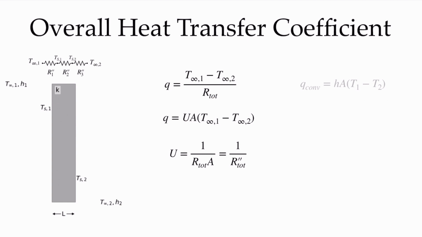So we can collapse our whole resistance network into a single overall heat transfer coefficient U and use it exactly as we use Newton's law of cooling in any of our calculations. Because now, instead of a resistance where we're dividing, this is the inverse of the resistance. It multiplies. U is sometimes called the conductance for our system.